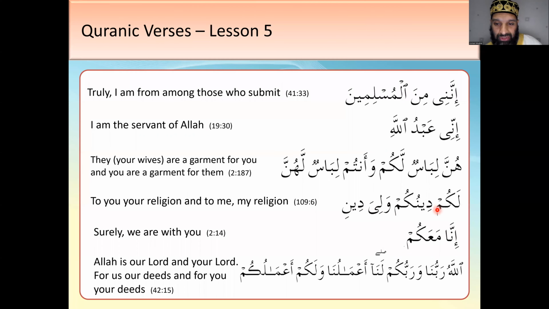So look how many times the attached pronouns are coming here. 1, 2, 3 in 4 words. In 4 words, in fact, it's even sort of there, but it's been taken out, right? Dini becomes dini. That kasra tells you there's a ya there, right? So in all the letters it's featuring. So this is a kasra here because there's like a ya here really. Dini, but the ya has been taken off. That kasra will tell you that. Don't worry about it. If that's over your head, don't worry about it.